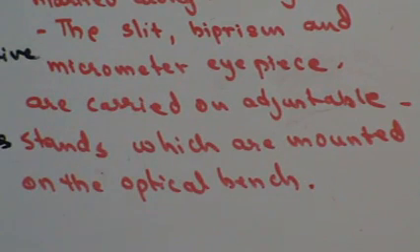Right? Another stand is mounted on the optical bench between the biprism and the eyepiece on which a convex lens is placed.